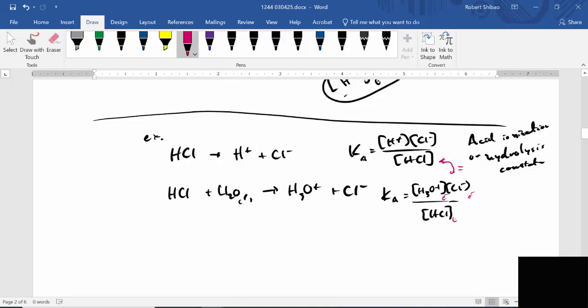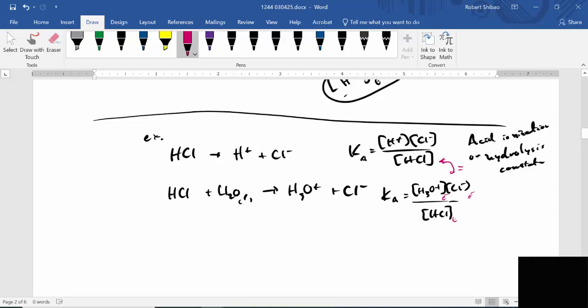And if I ionize all of it, how much am I going to have left over? 0. So at equilibrium, I expect the HCl concentration to be 0. If this is 0, then what is Ka? It's undefined, right? We say it approaches what? Infinity. It approaches infinity.